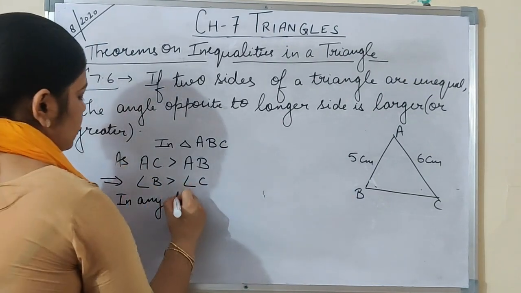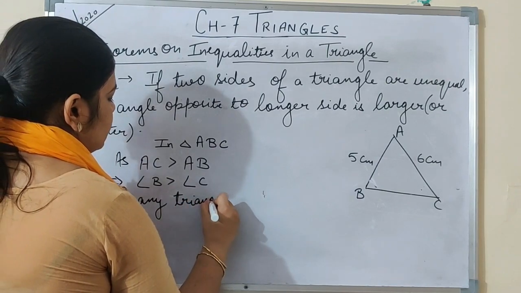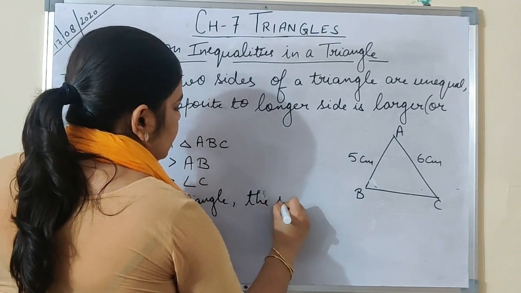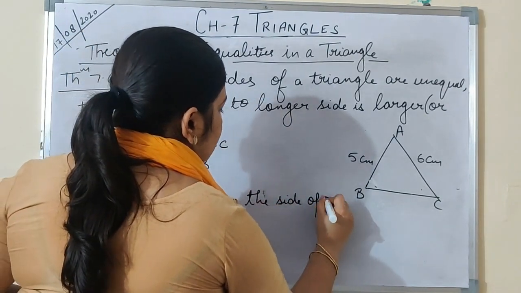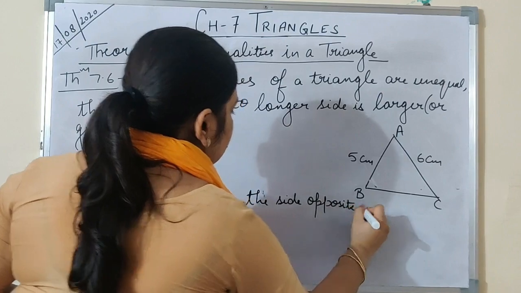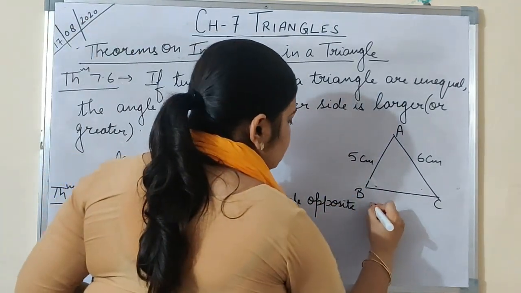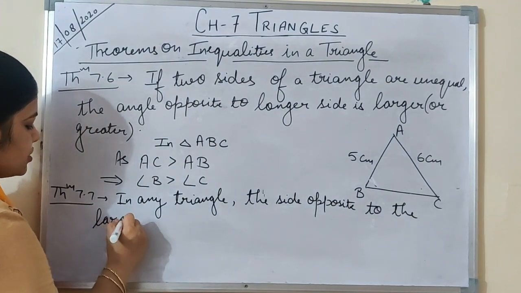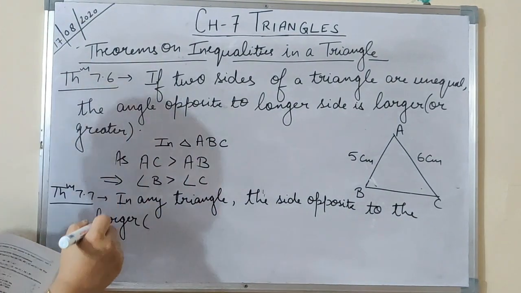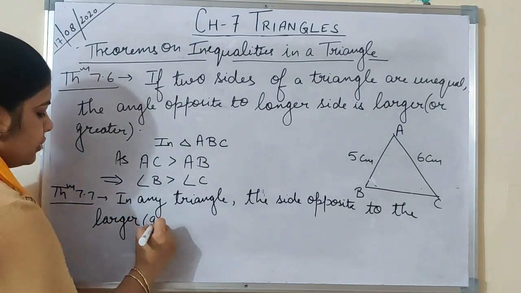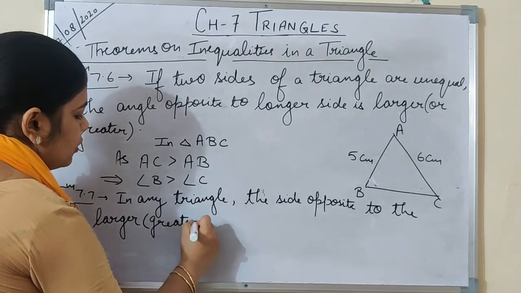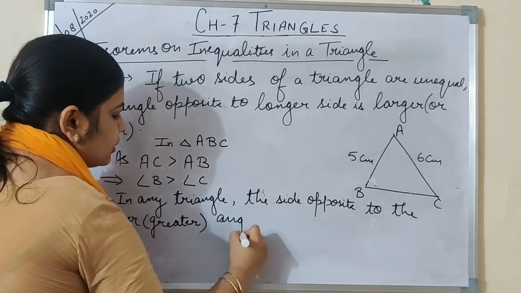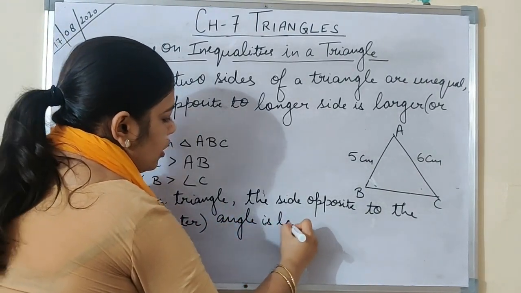in any triangle, the side opposite to the larger or greater angle is longer.